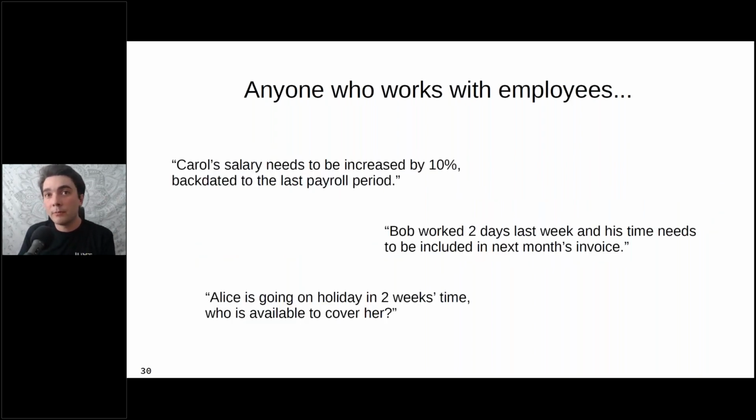Equally, anyone that works with employees, where you're continually having these retroactive or post-active changes to records, saying someone's salary is increased or decreased, someone needs to book off holiday, or someone is available to work for an X number of days, or they have worked, and that needs to be billed against a particular client.